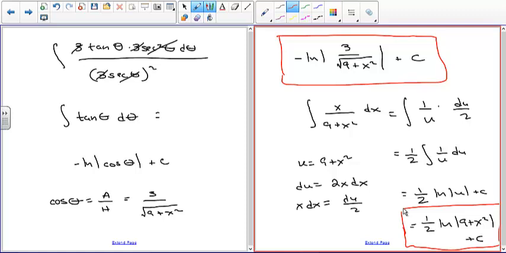Yeah, I think you could do that. I'm not sure. What if you rewrote the square root of 9 plus x squared in terms of a fractional exponent?